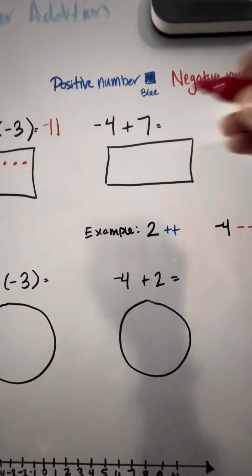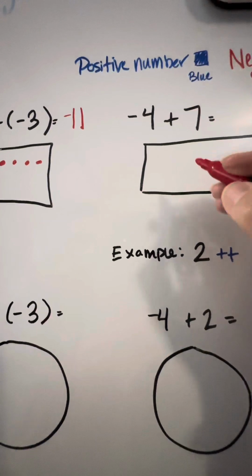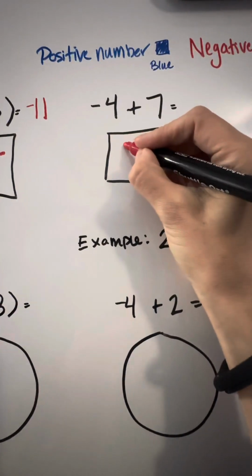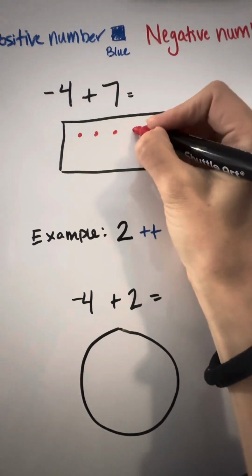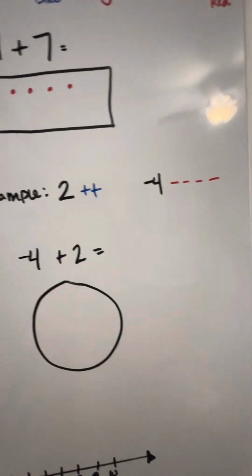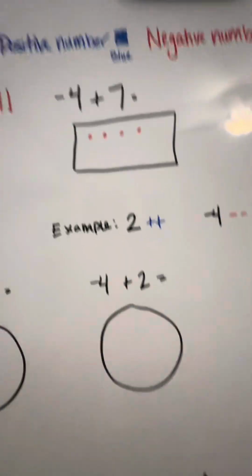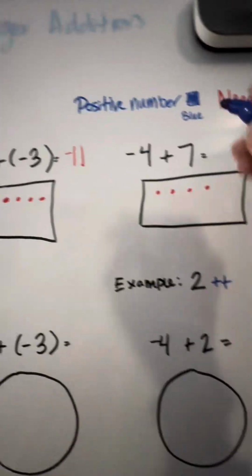Now, we're going to do this one. We're going to do negative 4 plus negative 7. So, let's do 1, 2, 3, 4, because we have negative 4. Then we're going to do 7, and that's a positive 7.